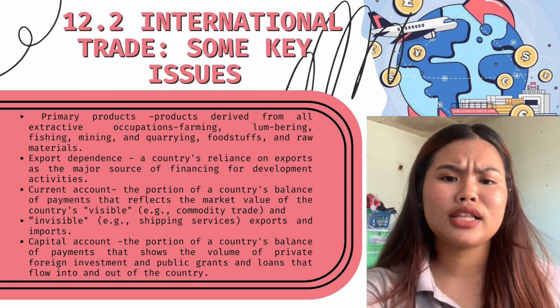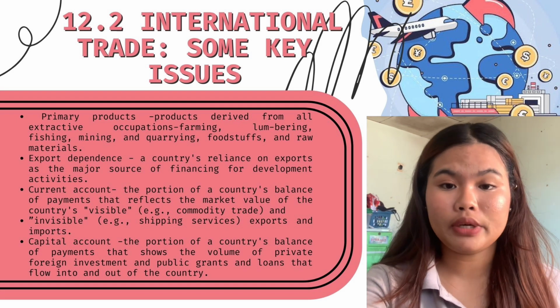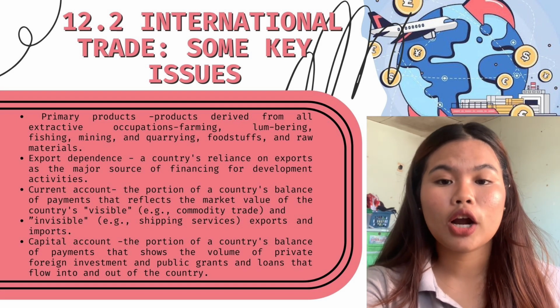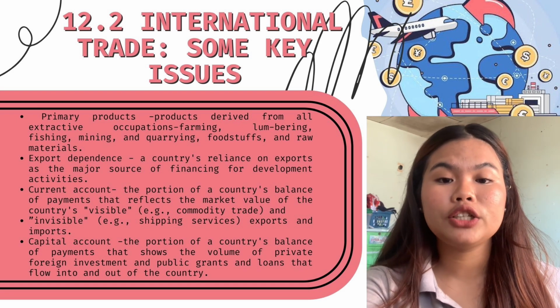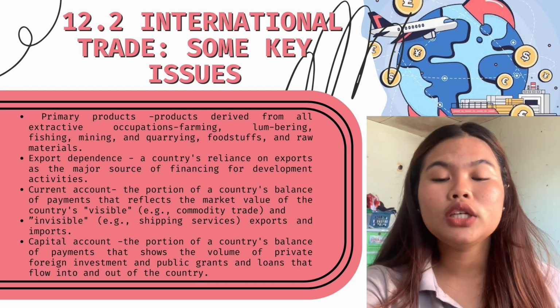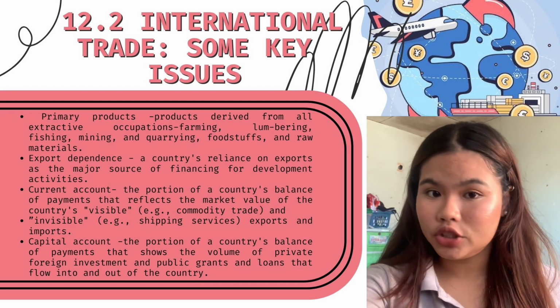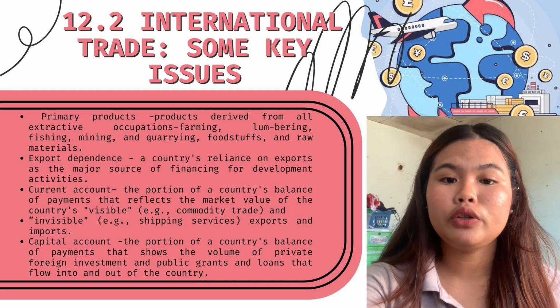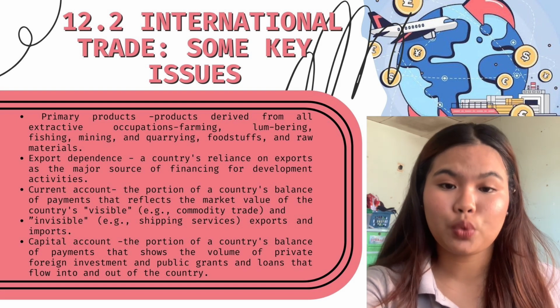Commodity dependence is not rare. Around 54% of all countries, or 102 out of 189, are commodity dependent. However, only 30% of developed countries, including Australia, New Zealand, and Norway, are in this situation.